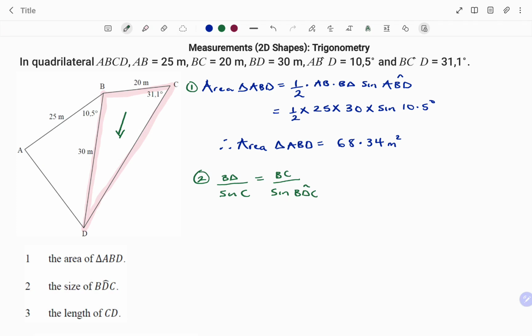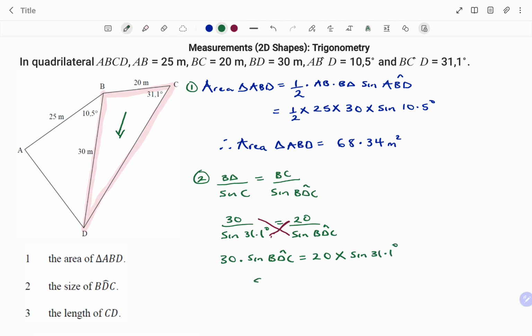Slotting in our parameters, we have BD 30 over sine C, that's sine 31.1 degrees, equals the line BC 20 meters over sine of angle BDC. If I cross multiply, I will have 30 times sine BDC equals 20 times sine 31.1 degrees.